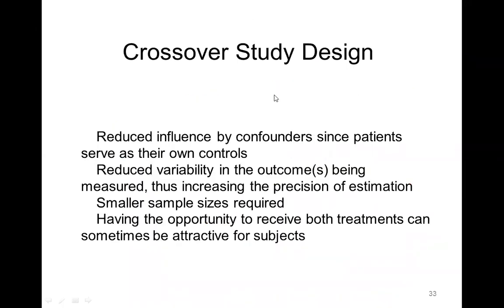There are factors. I think this slide's slightly different than the one you have, but it's basically the same topic. So a crossover study design reduces the influence of confounders because the patients serve as their own control. It reduces variability in the outcome being measured and increases the precision of estimation. So it reduces variability in the performance. You can have smaller sample sizes, and you have the opportunity for the patients to receive both treatments, which is attractive to some subjects.